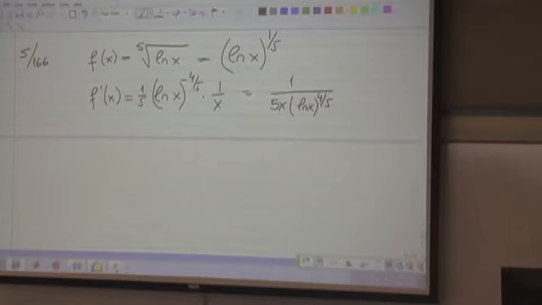Okay, how about number 7? F of x equals sine of x times the natural logarithm of 5x.